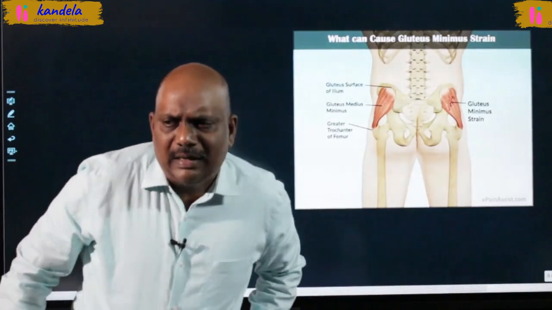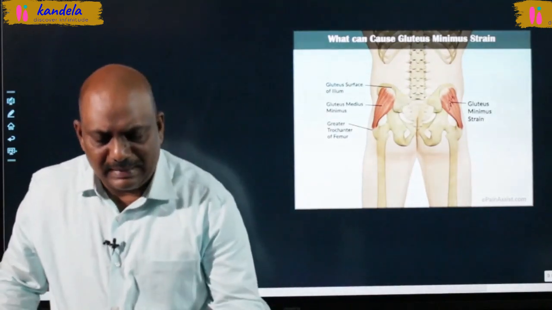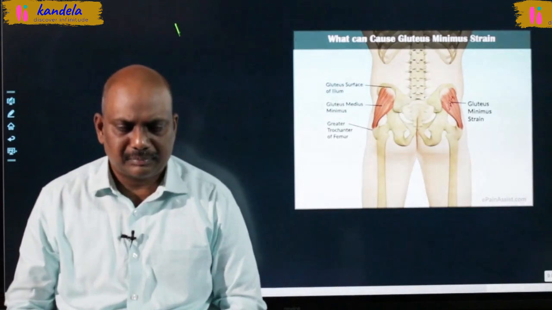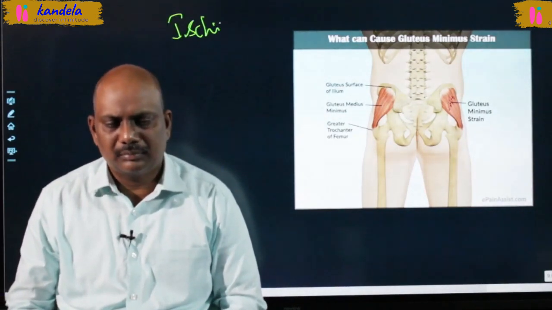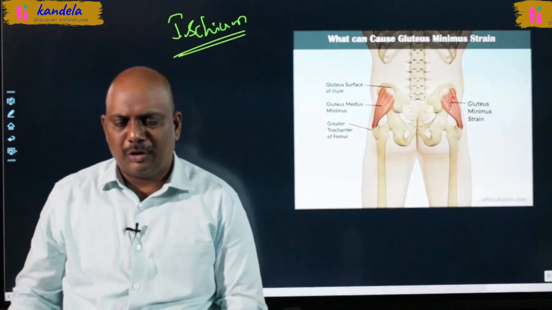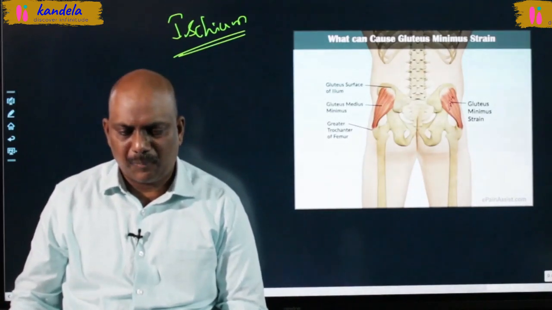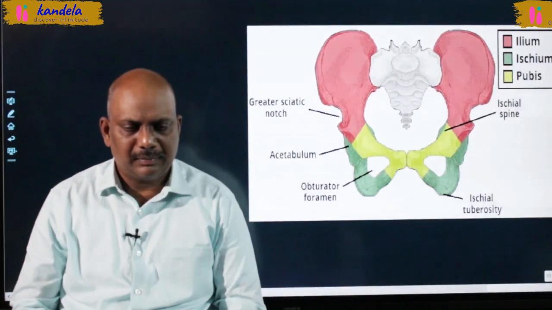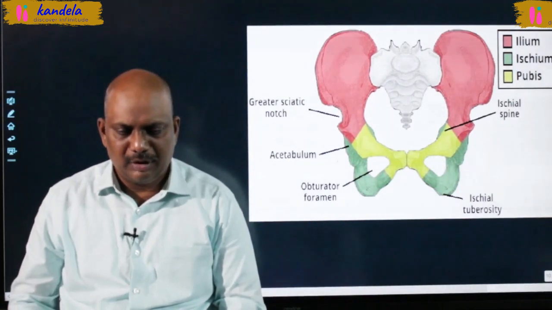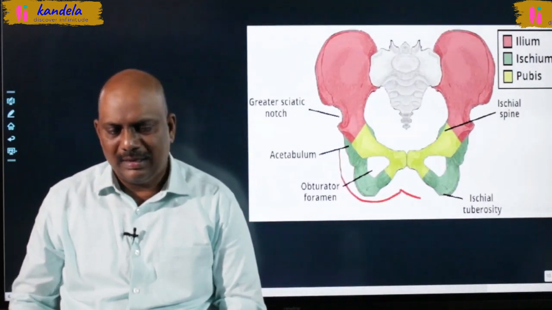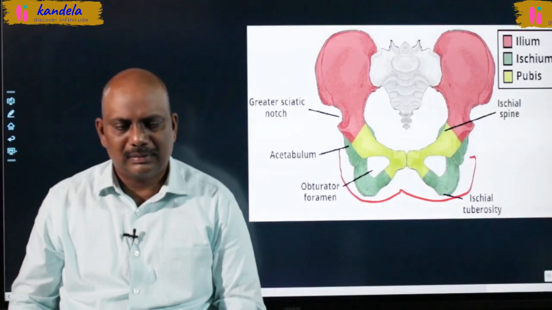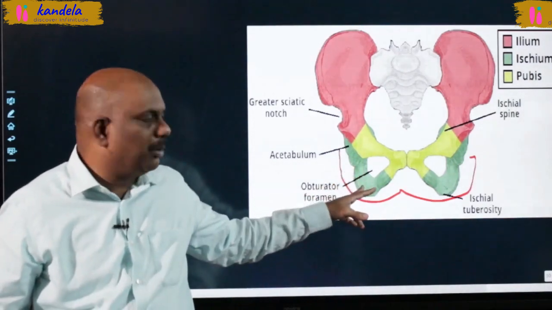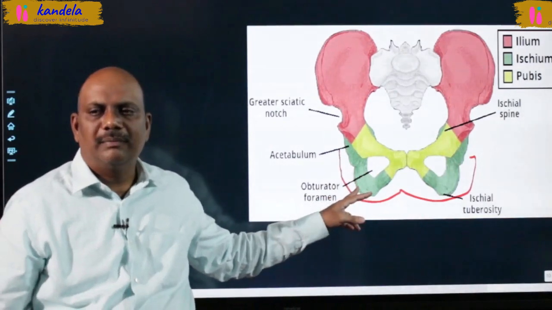As a result, one more thing is there. There is one particular bone called the ischium or ischial tuberosity. This bone, this is the pelvis bone, the one in green color, is called the ischium bone or ischial tuberosity.